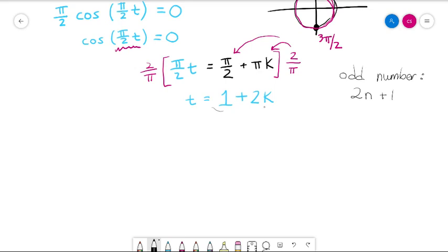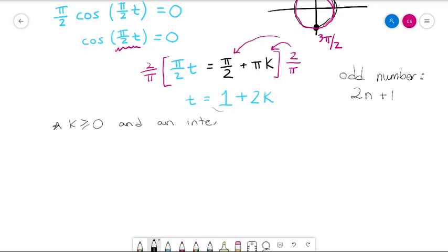So when we're talking about k, k is not just any integer. It has to be an integer greater than or equal to 0. Because if k was -1, then our t would be 1 minus 2, which is -1 seconds. That's not possible. So we can make a little note right here: k has to be greater than or equal to 0 and an integer.